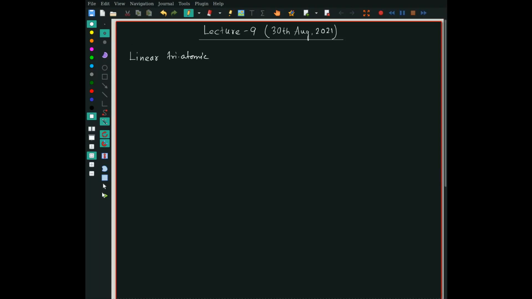So we will describe the small oscillations in this molecule and find out the vibrational degrees of freedom.